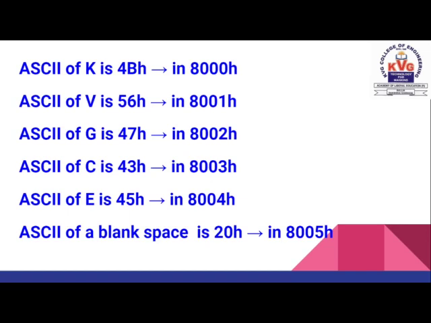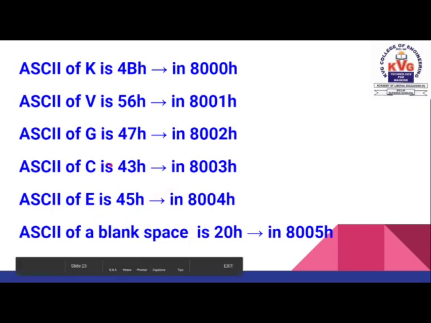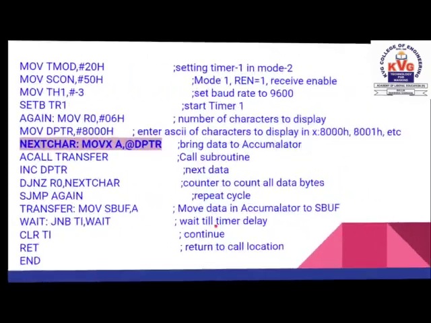Starting from 8000H to 8005H, we enter the ASCII equivalents of K, V, G, C, E and a blank space, which are 4B, 56, 47, 43, 45 and 20H respectively.